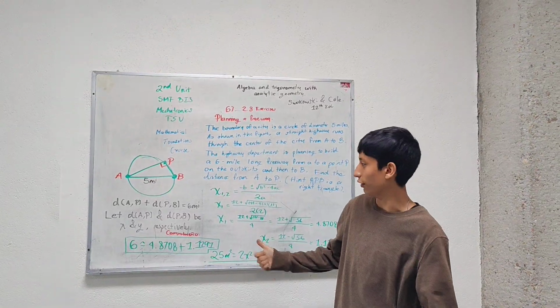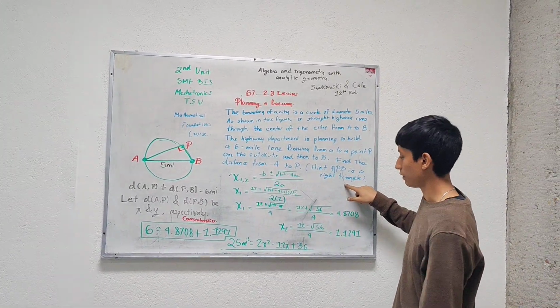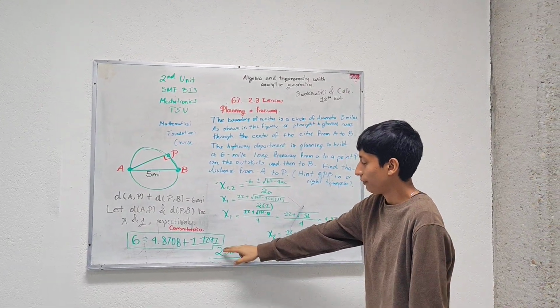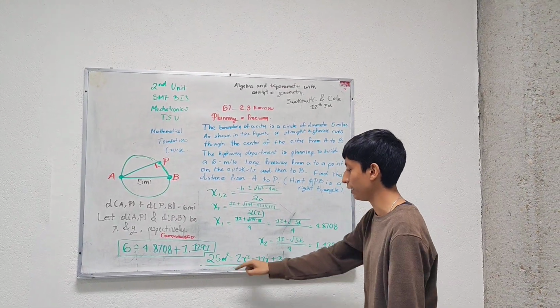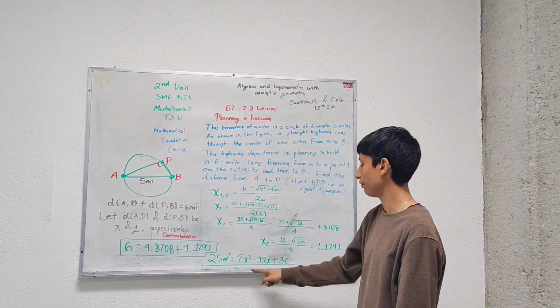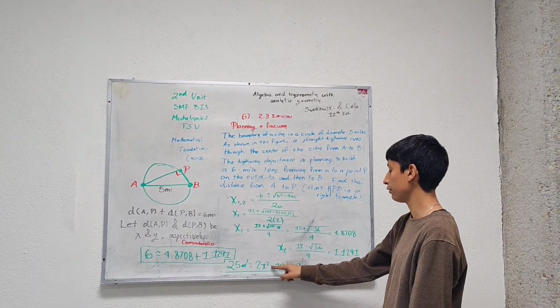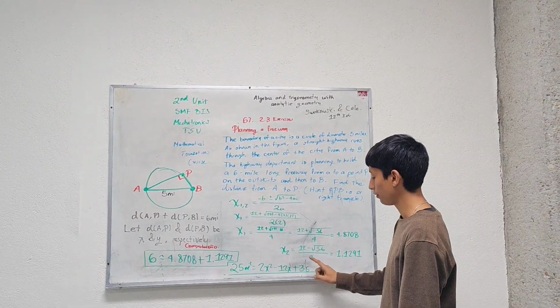So this is almost done. We were with this exercise. So we have 5 miles squared. But then I was missing something. 25 miles squared is going to be equal to 2x squared minus 12x plus 36.